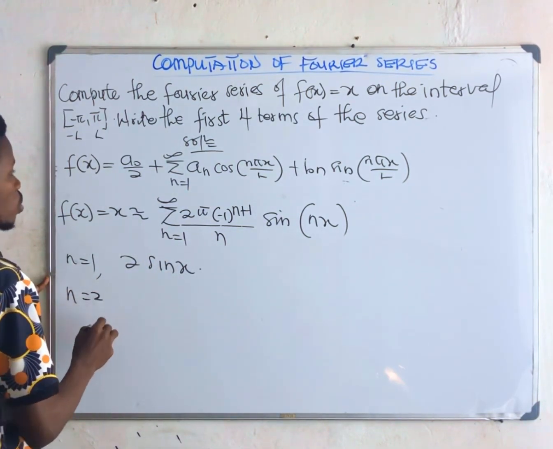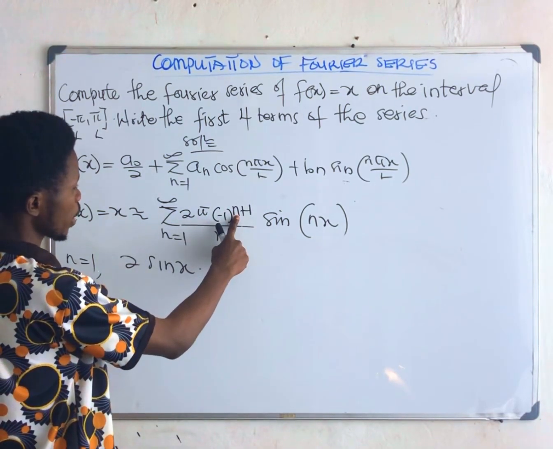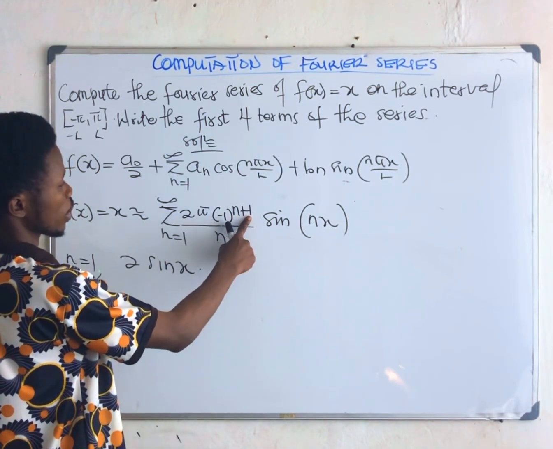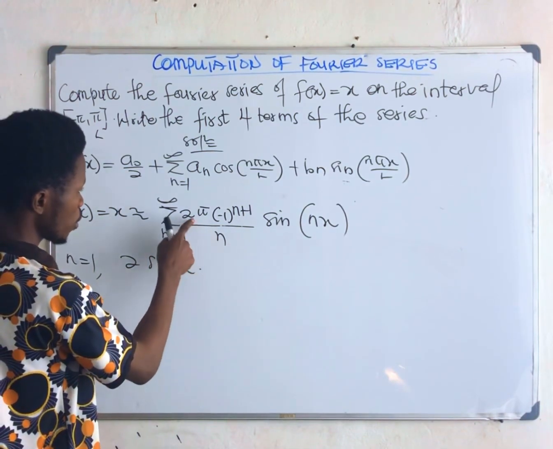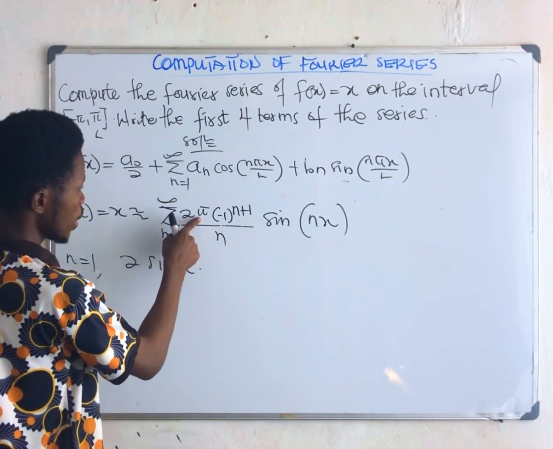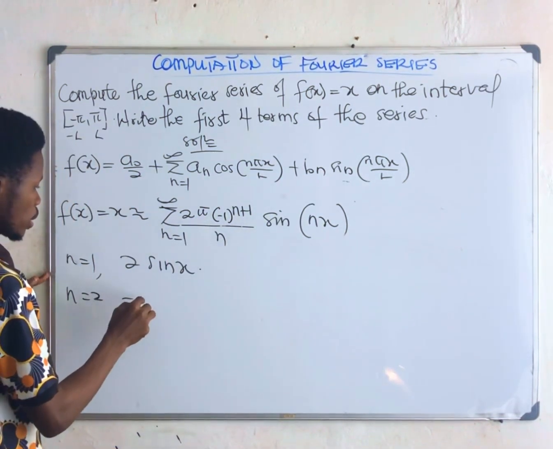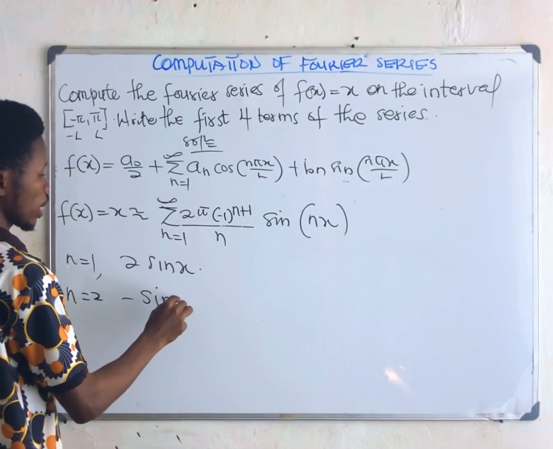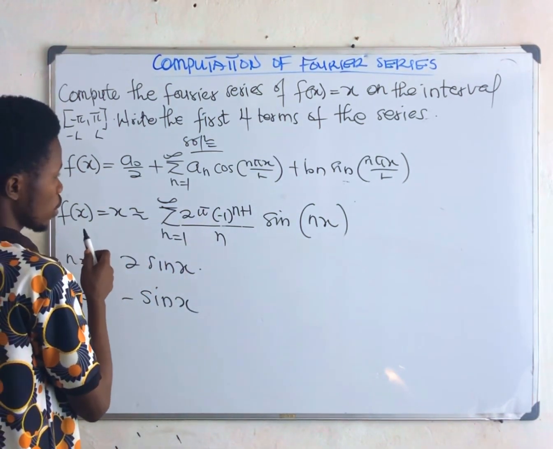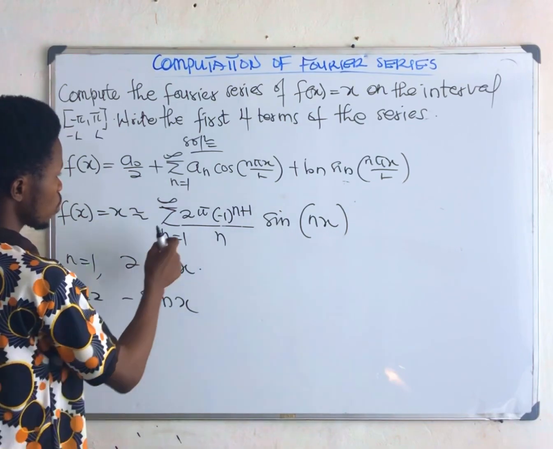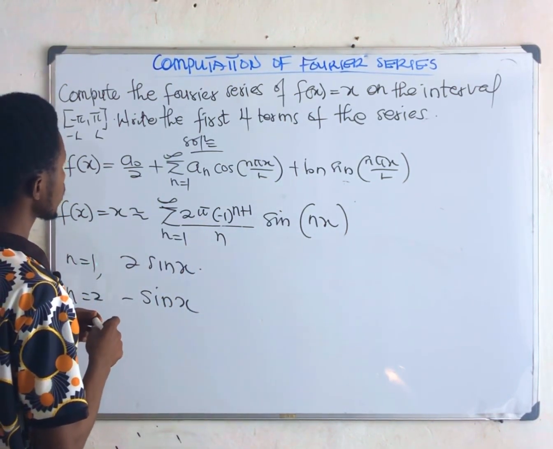Now n is 2. When n is 2, what do you get? You put 2 here, that will be 3. (-1)^3 will be negative 1 still. If I put 2 here, the 2 will cancel these 2, leaving negative pi, right? And here will be 2x. So we have negative sine 2x. Oh, there's still pi here. There wouldn't be any pi though.